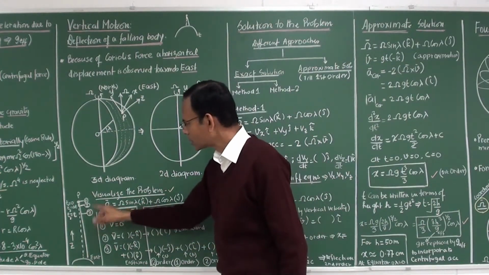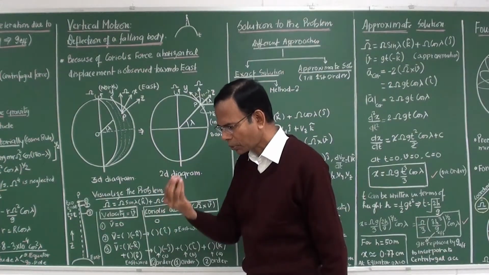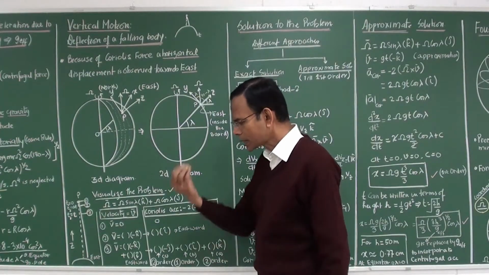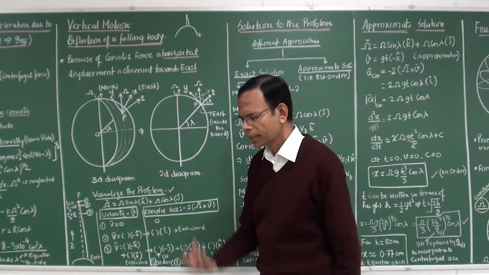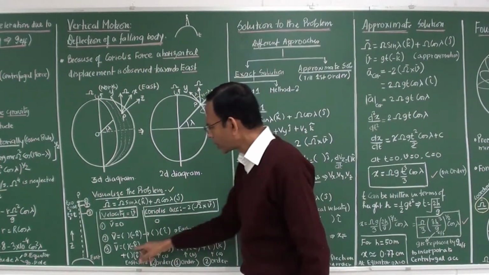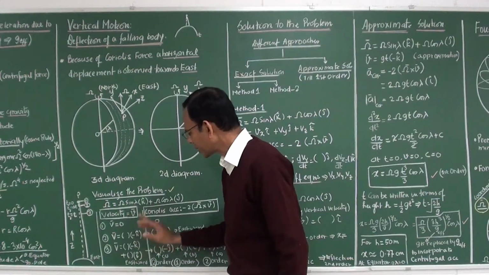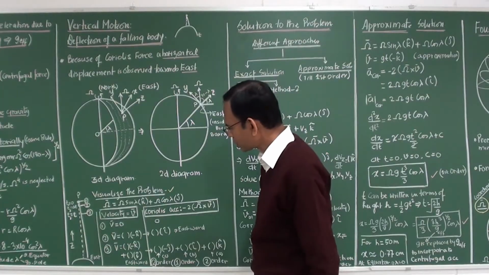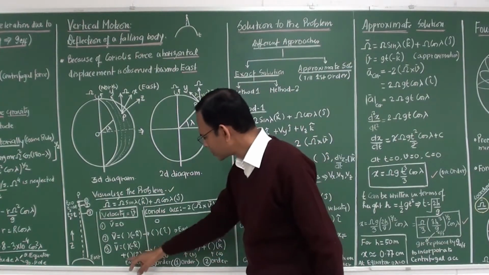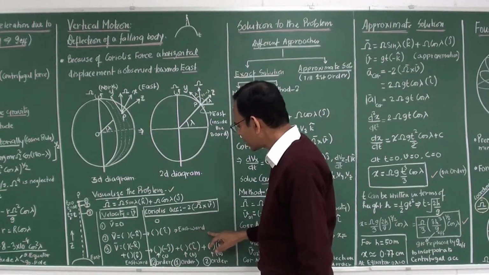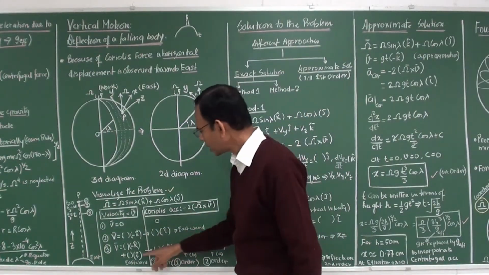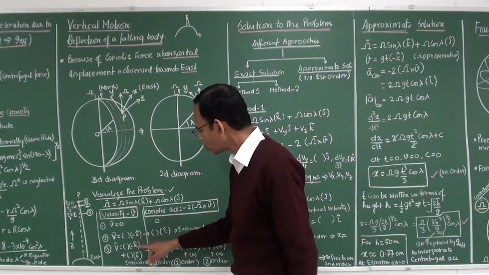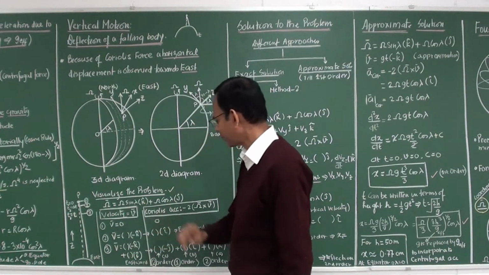So now I go to the third step, because the body is now falling. In the third step, it will have the initial minus k cap, the downward velocity because of the acceleration due to gravity, plus, because of this eastward acceleration, a velocity in the eastward direction that we have added, plus i cap.